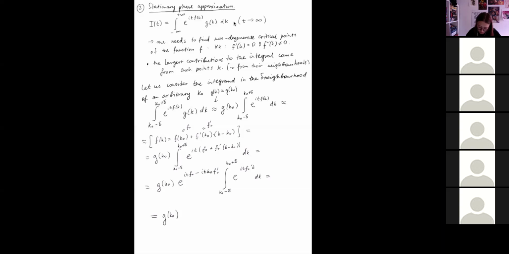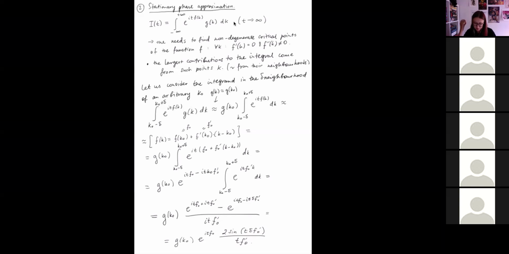We're left with g of k0 e to the power it f0 times e to the power it f0 prime delta minus e to the power minus it f0 prime delta, over it f0 prime, which equals g of k0 e to the power it f0 times 2 sine of t delta f0 prime over t f0 prime.